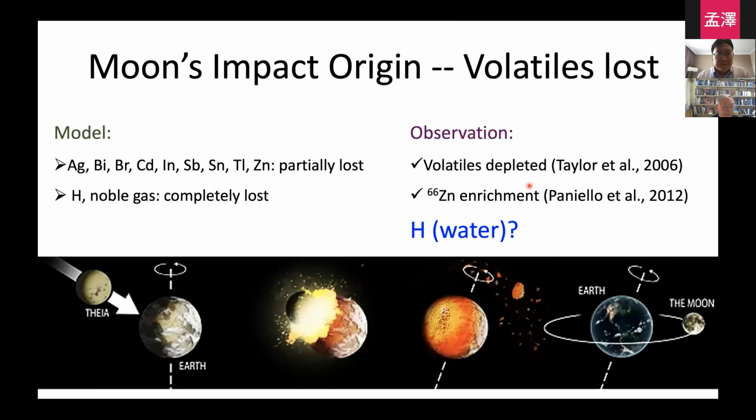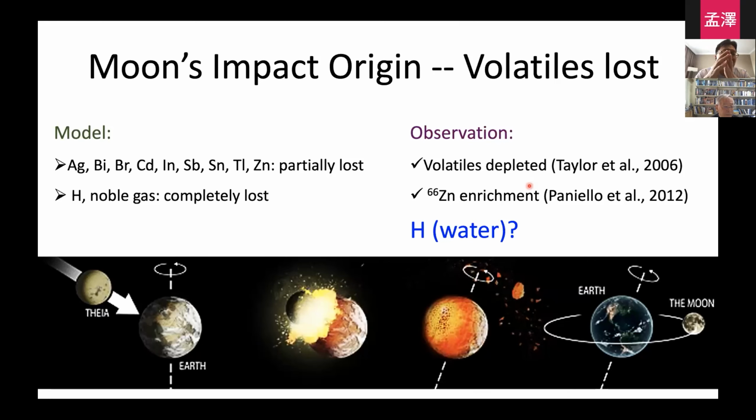So as we know, both the moon's impact origin, its energetic formation, and also this lunar magma ocean, both these processes had a very high temperature. That means most volatiles would be lost based on these models.